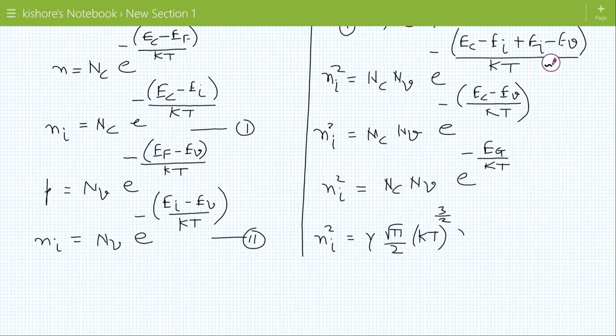Similarly, Nv is also gamma root pi by 2 into (kT) to the power 3 by 2.